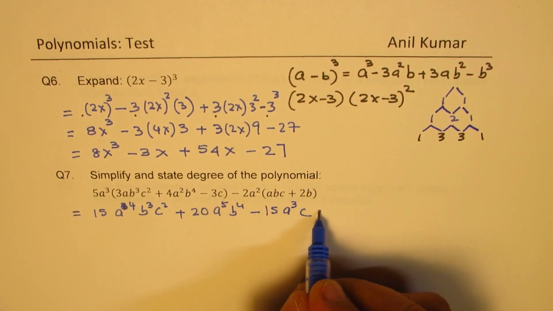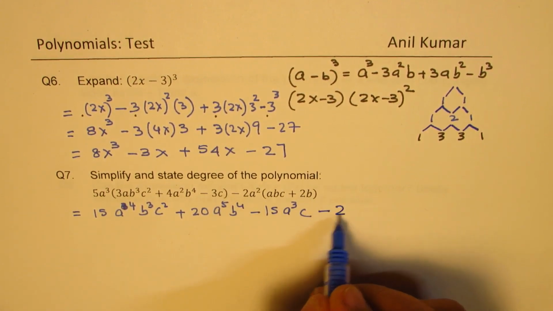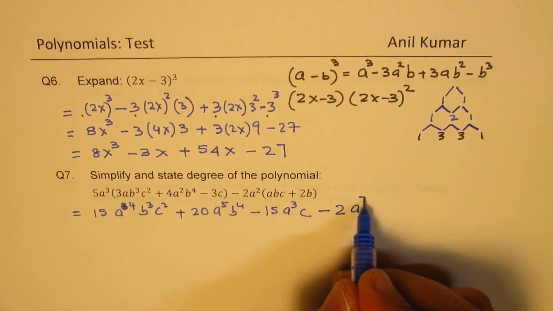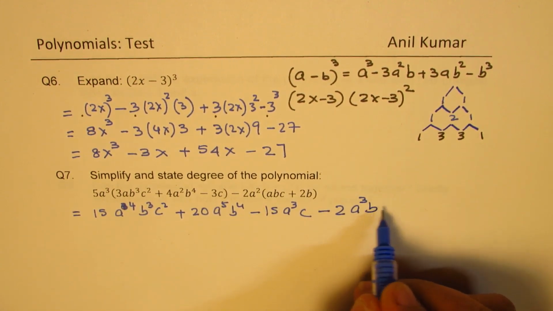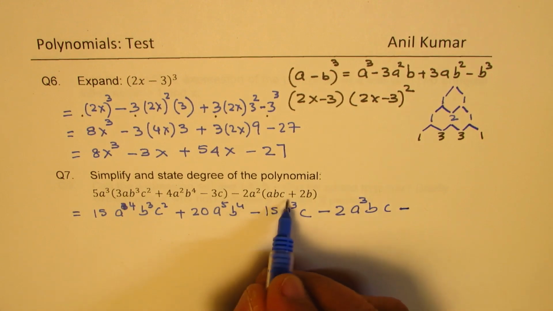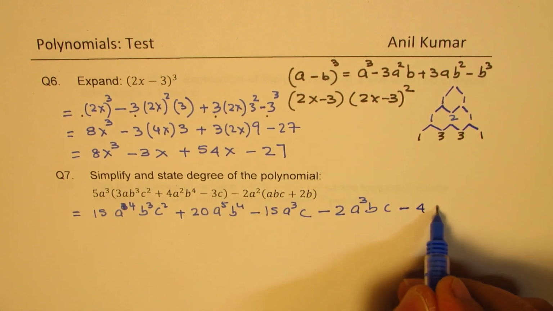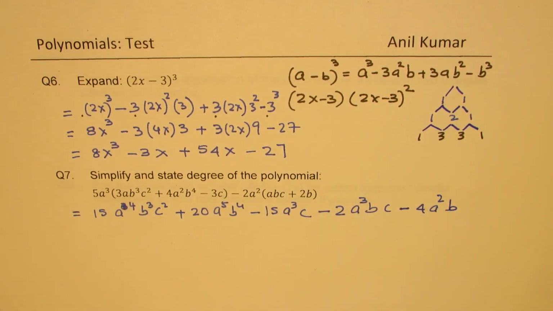In this expression, we have minus 2 a cubed bc minus 4 a squared b.